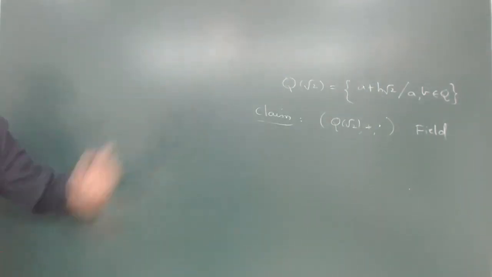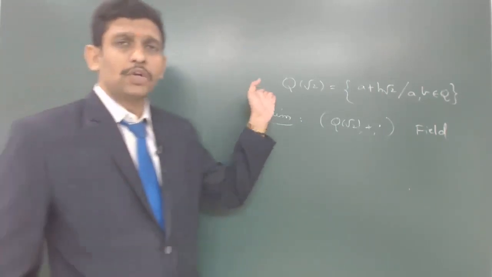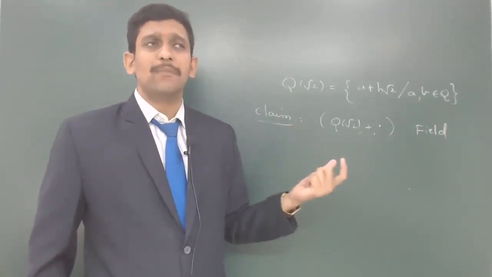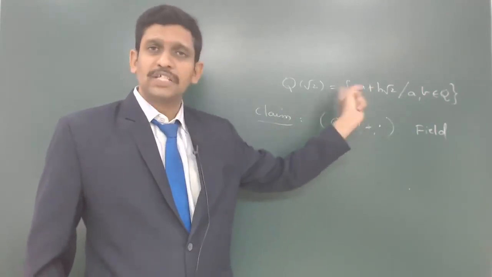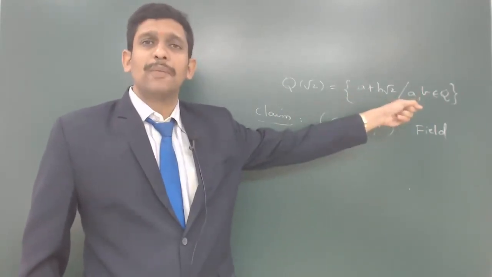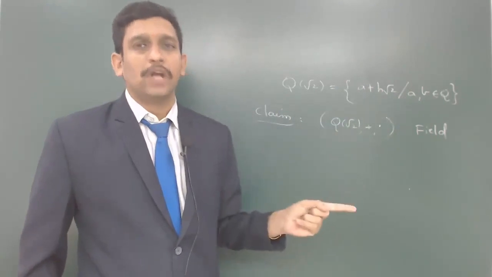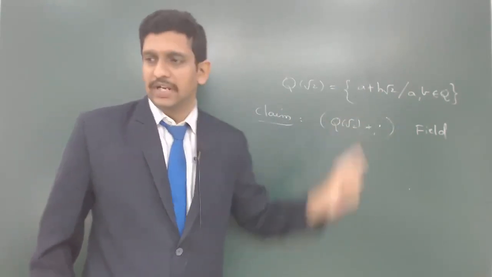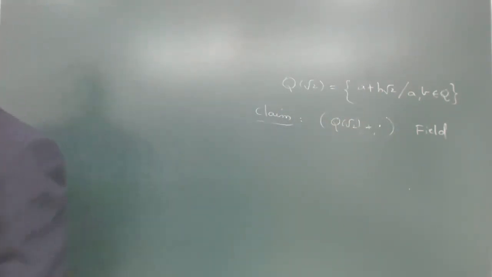This we have to prove. So we are given a set Q of root 2 where each number is of the form a plus b root 2 where a, b are rational numbers, and we have to prove that this set is a field. That was the question. Clear?